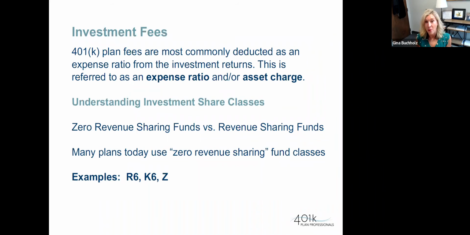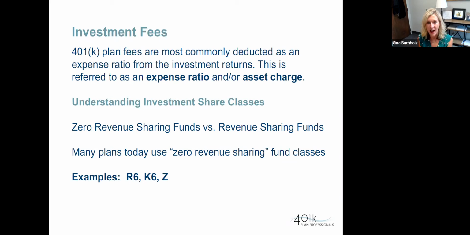Now, it's also important in this discussion of 401k plan fees that you understand share classes. And you may have noticed, if you've ever looked closely at the mutual funds in your 401k plan, that there's a letter or a number after that mutual fund. And some of the mutual funds that we use are what we call zero revenue sharing funds.